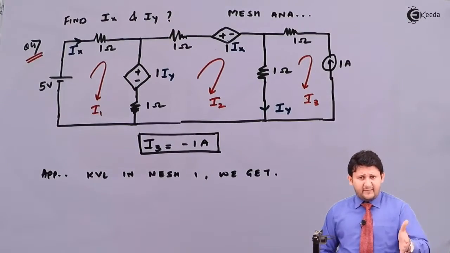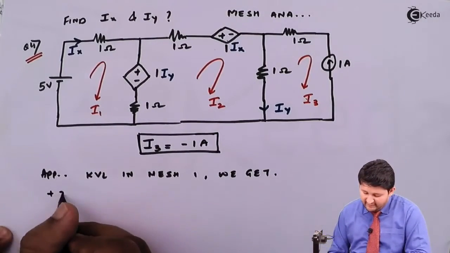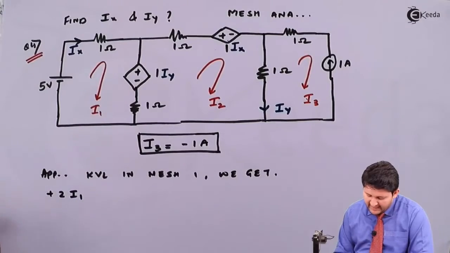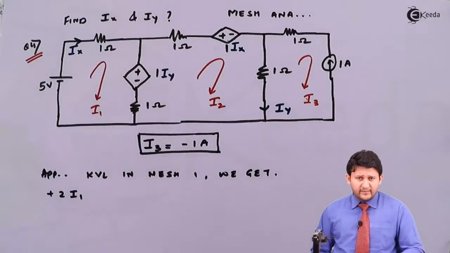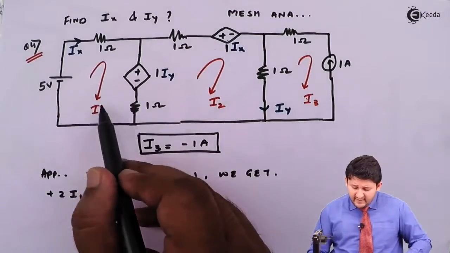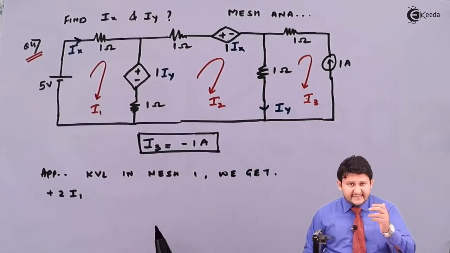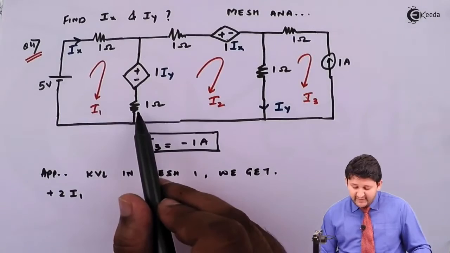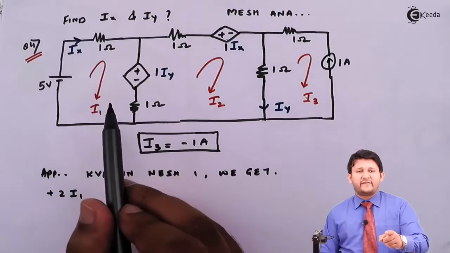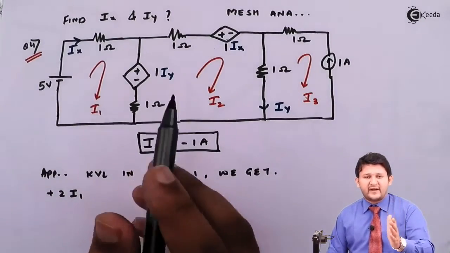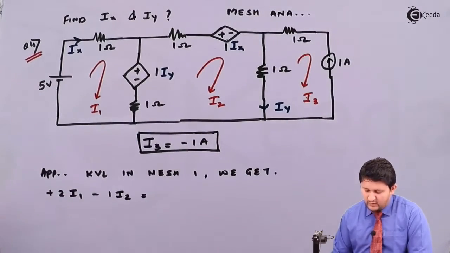The rule says if you are applying KVL for mesh 1, and the current is I1, take it positive. So your equation will be plus 2I1. Next, you said there are 2 resistors. Just check whether, in these 2 resistors, except I1, any other current is flowing. You will say yes, I2 is flowing along with I1. So apart from I1, any other current flowing in mesh 1 will be treated as negative. This will be -1 I2, equal to.